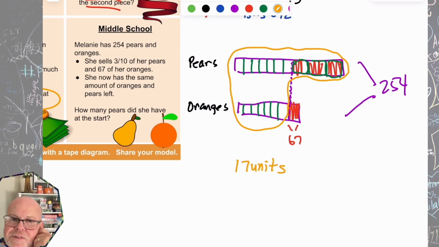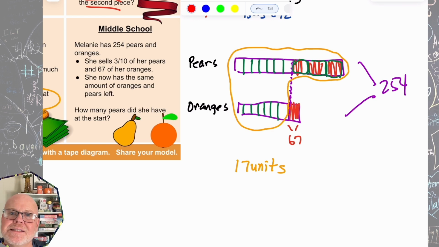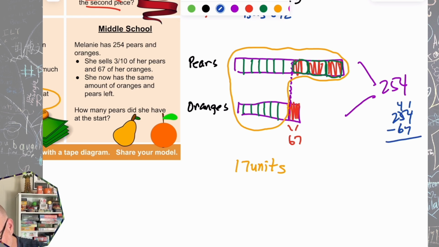Now, what do those 17 units represent? Well, they don't represent 254. Because really they represent the 254 minus the 67. So I'm going to do over here on scratch paper, 254, take away the 67, and I get 187.